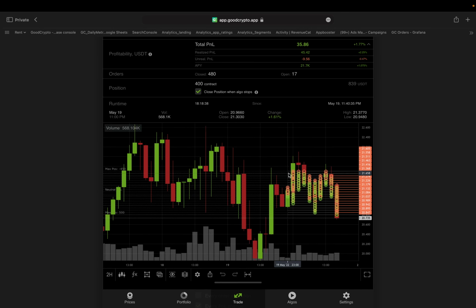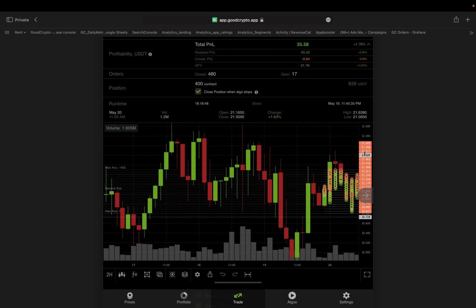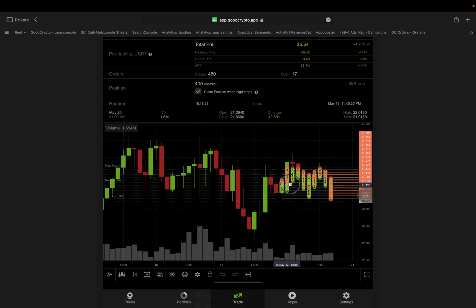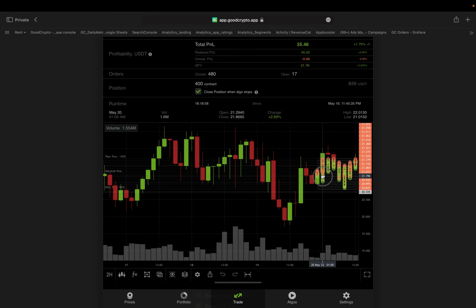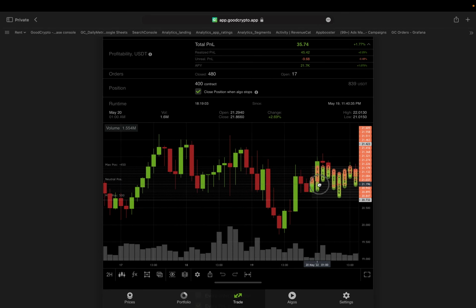Those are the grid levels, the grid range that I've chosen. We show the grid on the screen when setting up, further back, so you can eyeball how the grid would have performed in the past, or how your current range relates to the range the price of this instrument had previously.